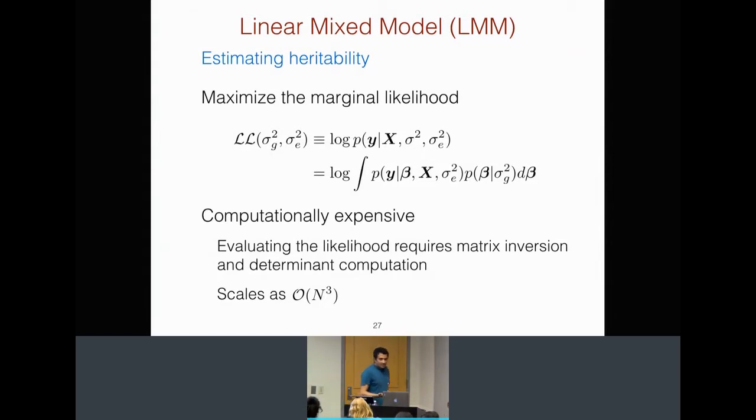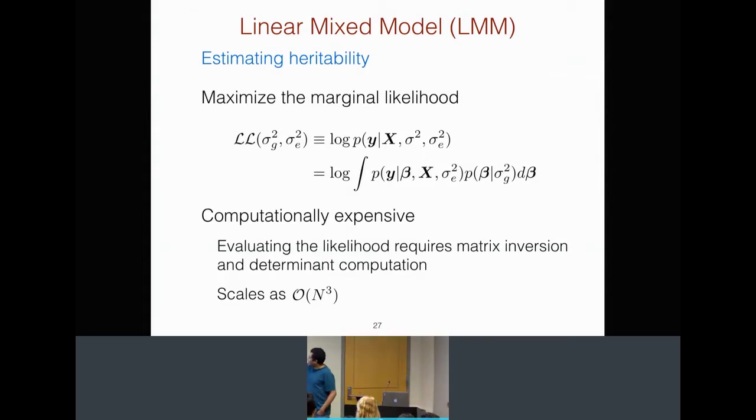Again, we can ask how easy it is to evaluate and maximize this objective function. It turns out it's quite computationally expensive, because when you evaluate this likelihood, this is a Gaussian distribution over n individuals, so you have to compute and invert an n by n covariance matrix.